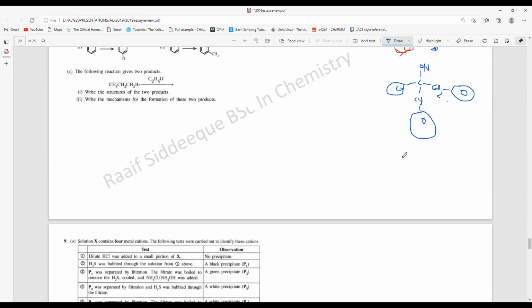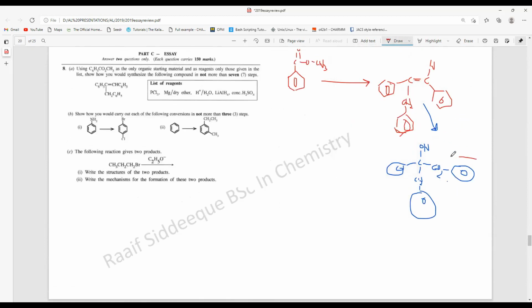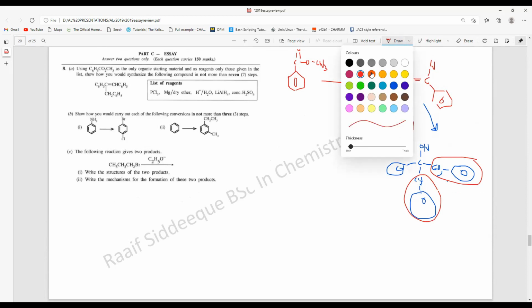So what could be the previous step now? Because I see here 2 CH2 benzyl groups.